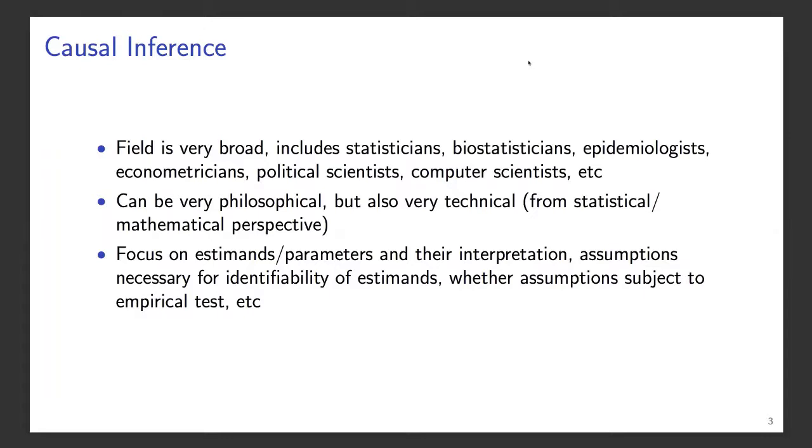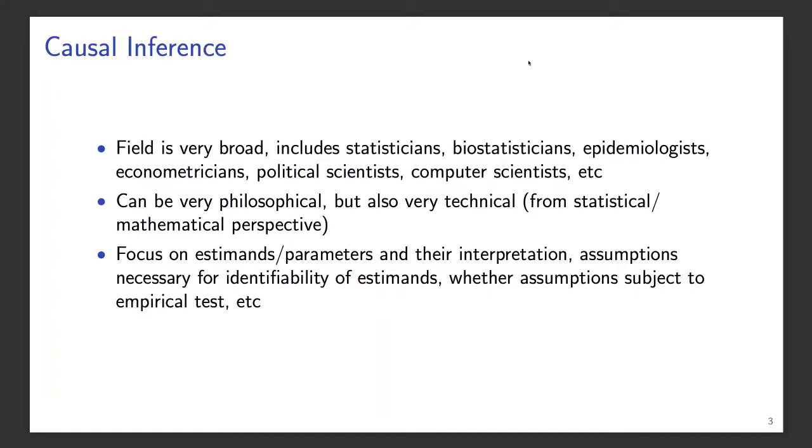One of the differences between causal inference and some other areas of statistics is there's a real focus on sort of what I call the front end, which is very carefully articulating what the estimands or parameters are that we're trying to draw inference about. In other words, what exactly is the question? When we say we want to know if an exposure has an effect on disease, what exactly do we mean by that from a statistical standpoint? What is the parameter we want that would capture that effect?